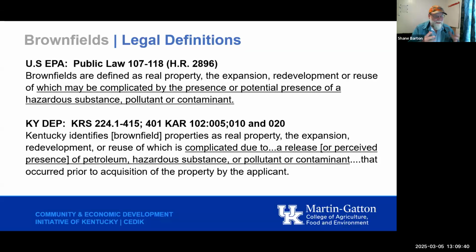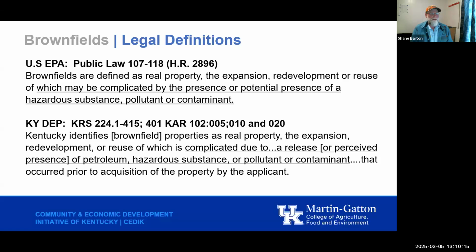Now, when I said not all vacant buildings are brownfields, this is really what I mean. As we look at the federal law and the Kentucky law that define brownfields, I've highlighted the piece that is most important in this conversation. Essentially what we're looking at here is properties for which the expansion or redevelopment or reuse, and this is the part that I want to draw your attention to, may be complicated by the presence or potential presence of hazardous substances, a pollutant or contaminant.